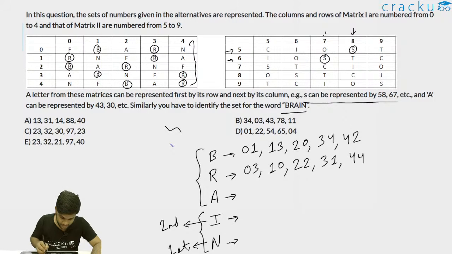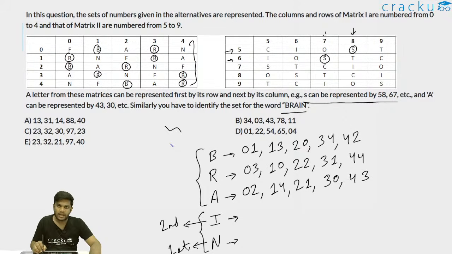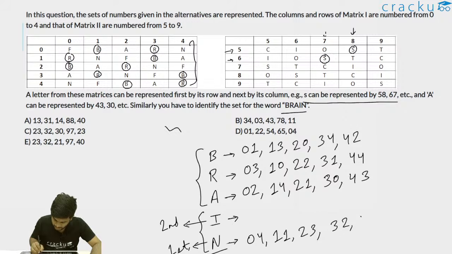Similarly for A, we can write it as 0, 2, 1, 1, 4, 2, 1, 3, 0 and 4, 3. And last one N. So N can be written as 0, 4, 1, 1, 2, 3, 3, 2 and 4, 0.